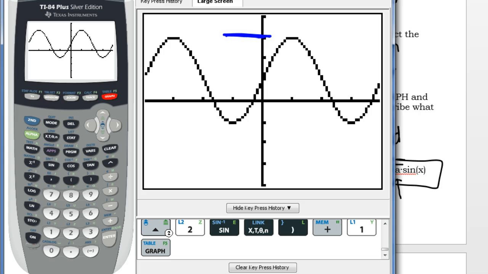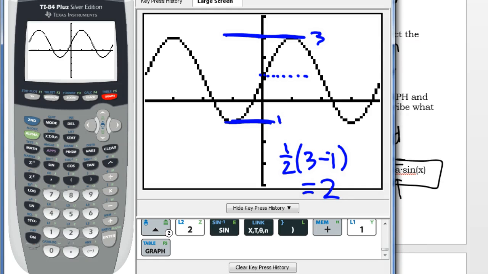So the maximum height here is 3, the minimum height here is -1, and 1/2 of 3 minus -1, that's 4, half of 4 is 2. And then my vertical shift brings my center line up to +1. So this was 2 sine x plus 1 because my amplitude was 2, but my horizontal center line was at +1.